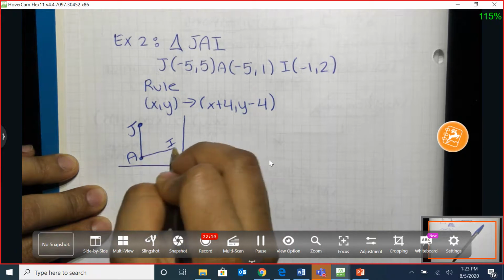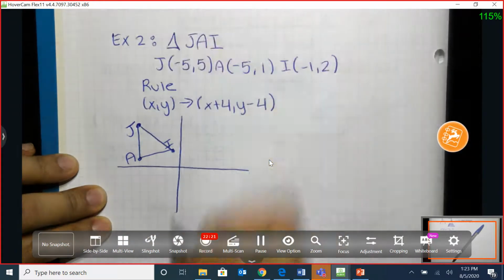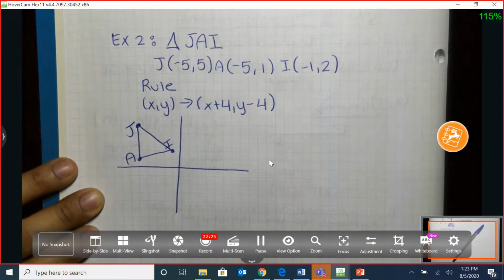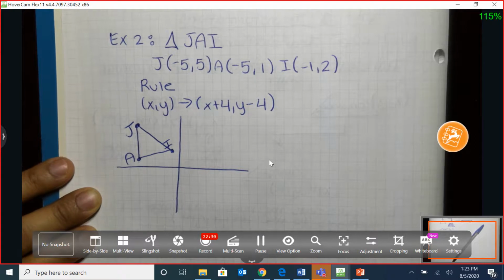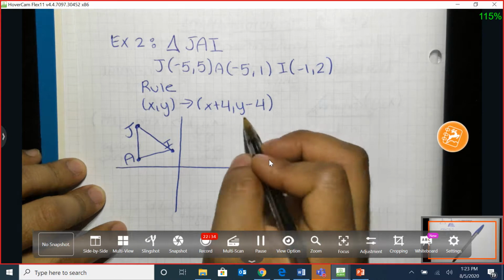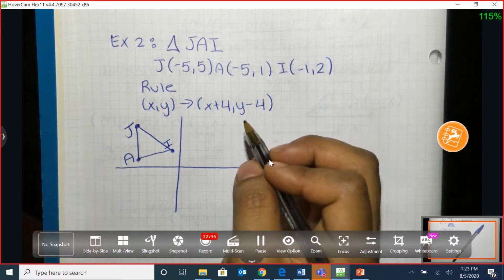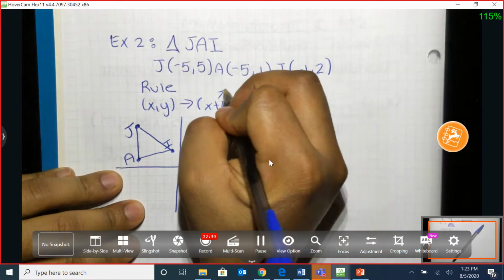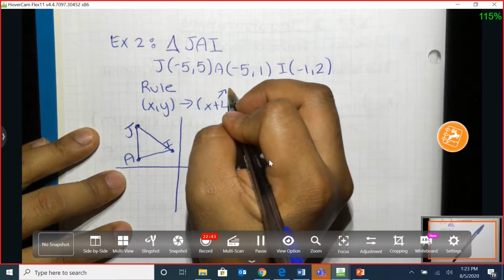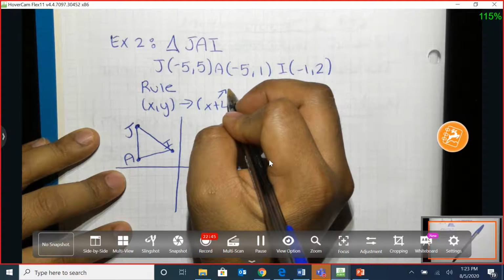So hopefully you're already here where you graphed the normal triangle, the original triangle. Based off on this rule, look at my screen now if you're writing. On the x-axis, where am I going to go? Am I going to go left or right, and how many units?